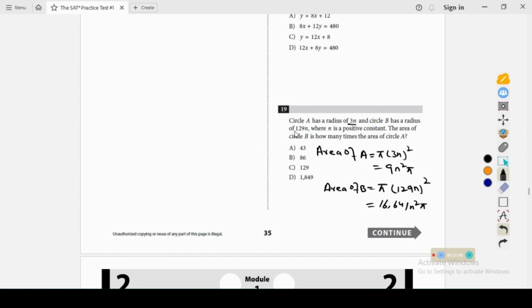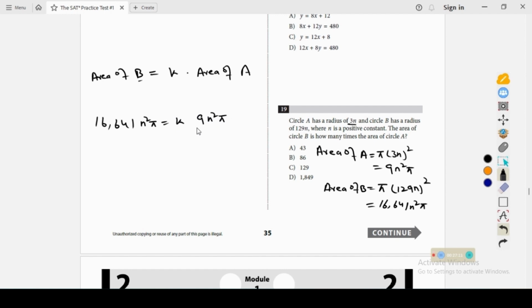Now, since we have to find how many times the area of circle B is the area of circle A, let's say the area of circle B equals K times the area of circle A. The area of circle B, 16,641 n square pi, equals K times 9 n square pi.